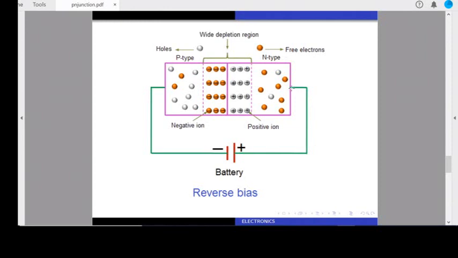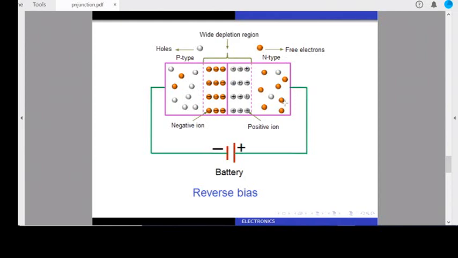If you have a positive and a negative, there's going to be an attraction. So this implies that the negative terminal is going to pull the holes away from the p-n junction. Likewise, the positive terminal is going to pull the electrons away from the p-n junction.